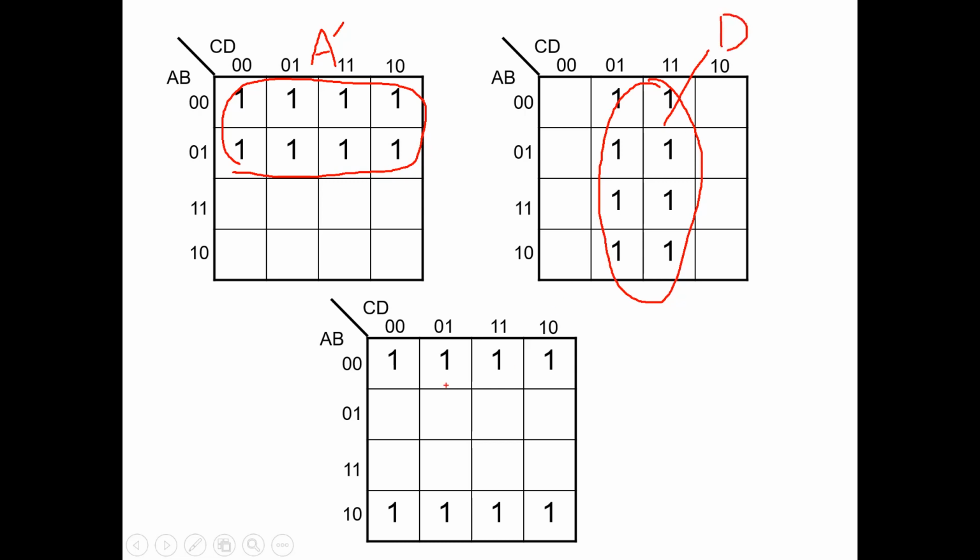D, yes. How about this? How to select? 4, 4 or 8? Two groups of 4 or one group of 8 cells?